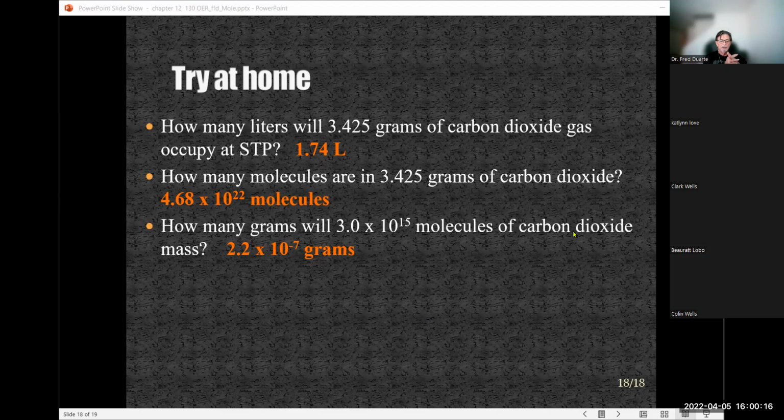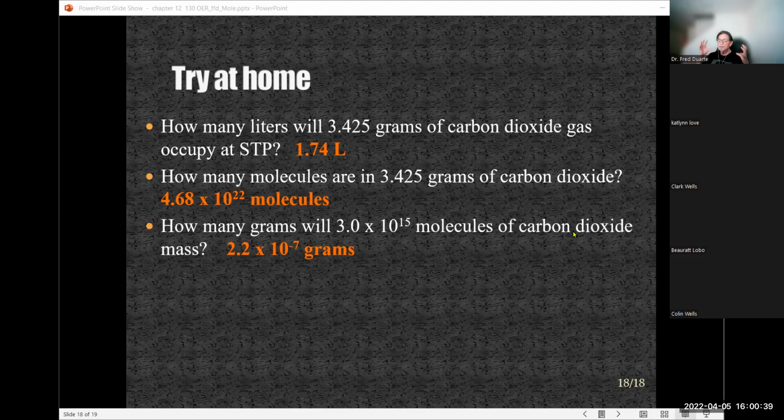Okay. And if you have 3.0 times 10 to the 15 molecules of carbon dioxide, what would they weigh? What is their mass? And you should come up with 2.2 times 10 to the -7 grams, a very small amount. Grasp that number for a bit.